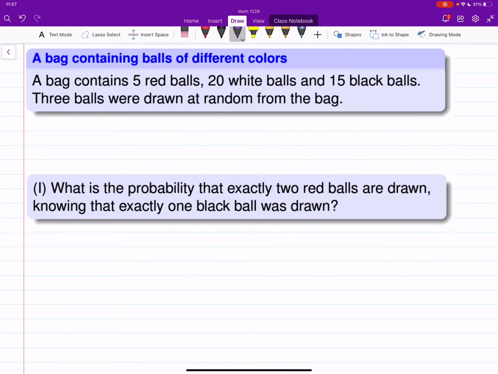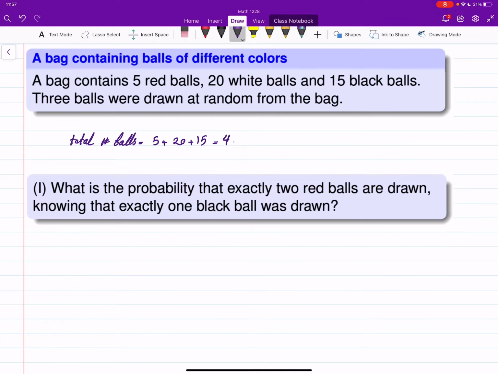So we have red 1, red 2, red 3, up to red 5, and white 1, white 2, white 3, up to white 20, and so on. So the total number of balls is 5 red, 20 white, and 15 black.